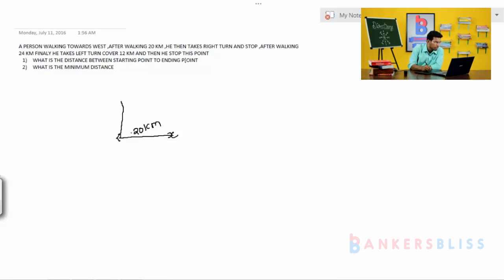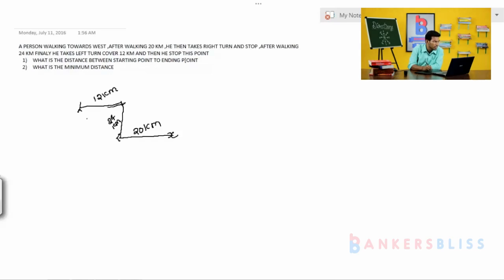After walking from this point to this point, you cover 24 kilometers. Then you stop here, and after completing 24 kilometers, you take a left turn from this point and cover 12 kilometers. Then stop at this point.